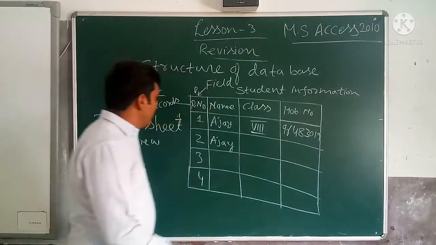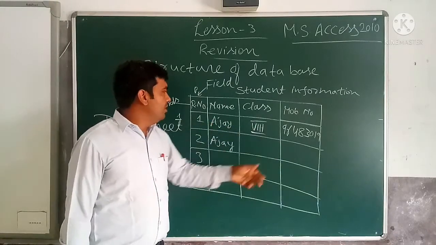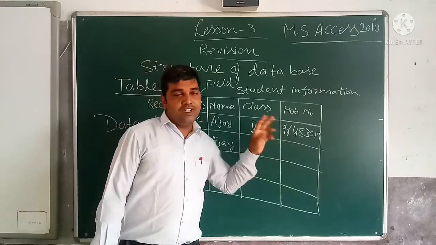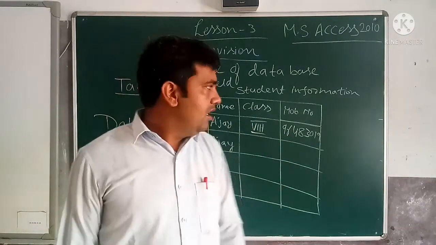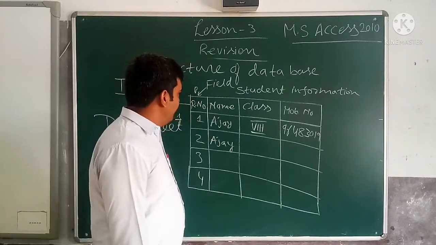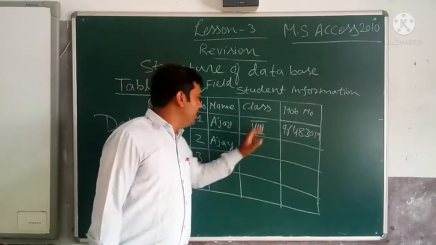So this is the first record, and this record contains the 4 values: roll number, name, class, and mobile number. So what is a record? A record is a collection of values. Here different values are stored in a record.